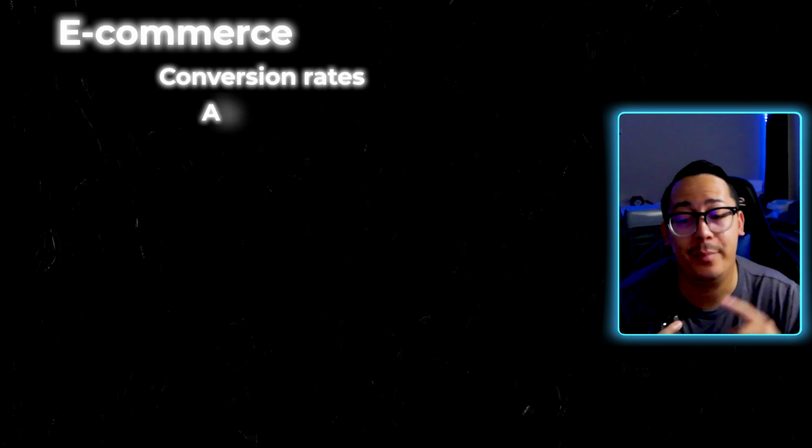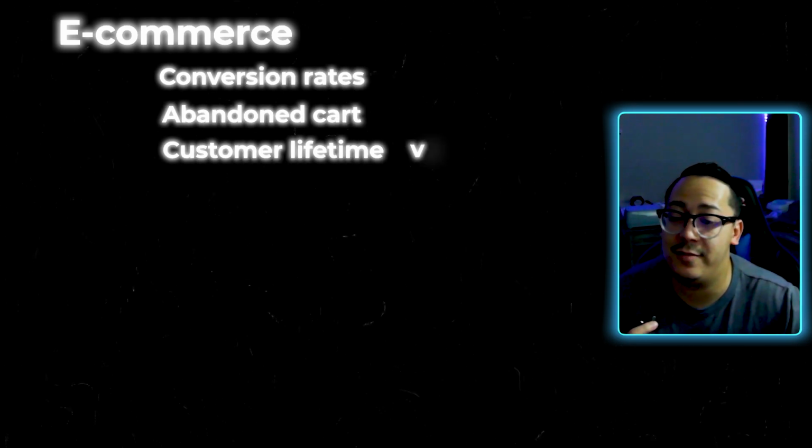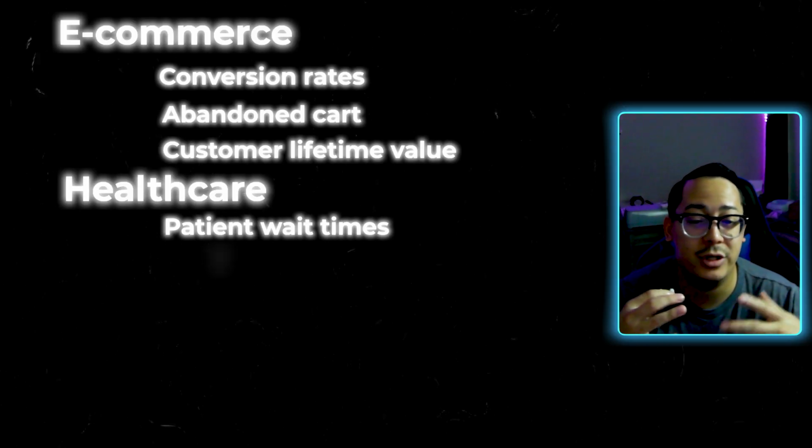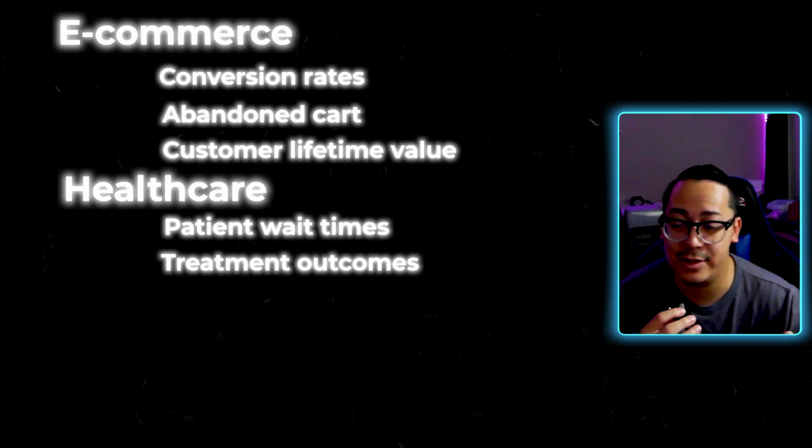So the next thing you're going to want to do is you actually need to study or know some of the problems that are in your domain. So for e-commerce, a lot of those problems are going to be conversion rates, people with abandoned carts, customer lifetime value. Healthcare is probably going to be something around patient wait times, treatment outcomes, and things of this nature.